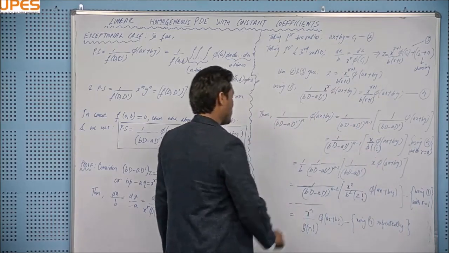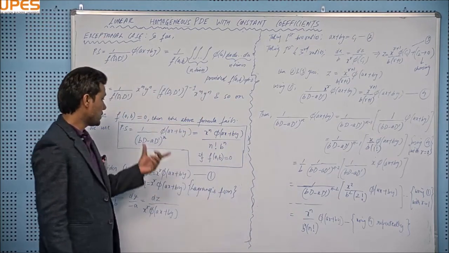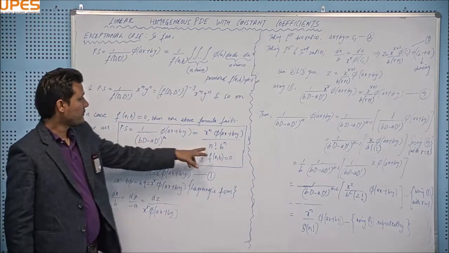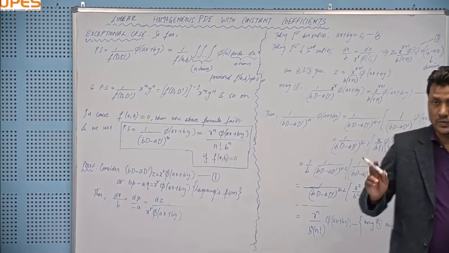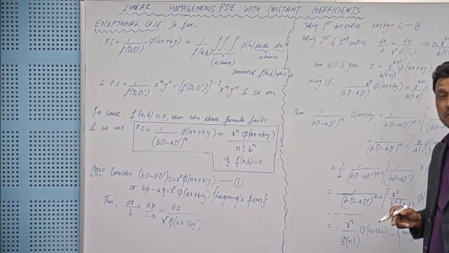So this is the result we wanted to prove. You see this result is the same, n factorial b to the power n, and the numericals will be done even in our next video. Thank you.